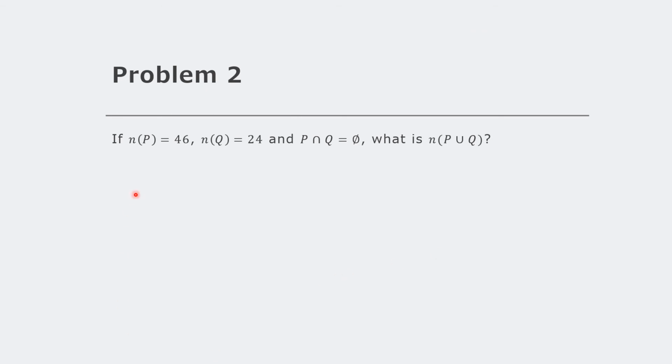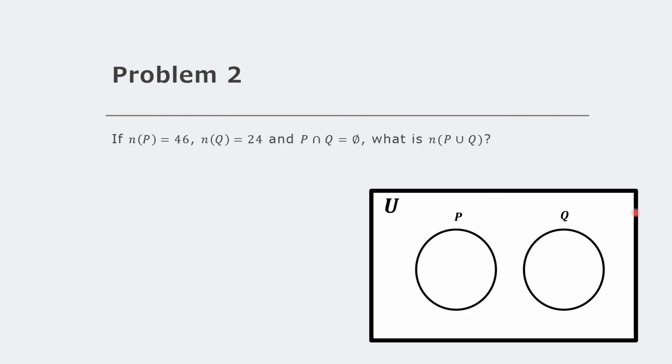Let's have another problem. If the cardinality of set P is 46 and the cardinality of set Q is 24, and P intersection Q is null, what is the cardinality of P union Q? Now, looking at the illustration for this problem, there are 46 elements inside set P, and there are 24 elements inside set Q. However, the technique here is that the intersection of P and Q is null.